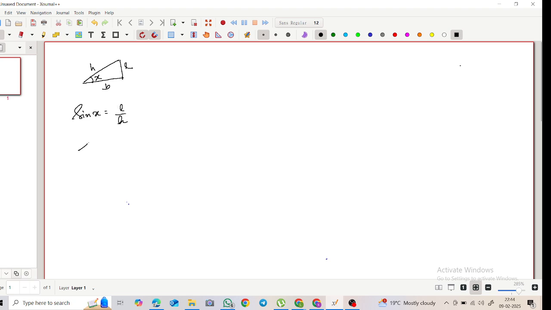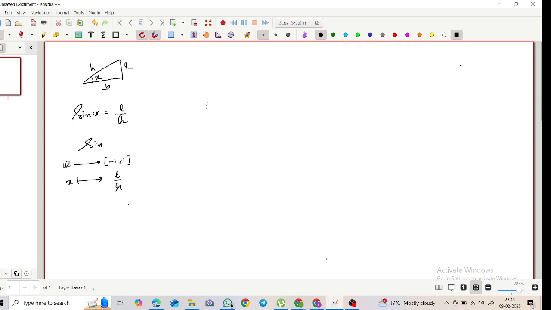So sin x is a function from R to R, or maybe to [-1, 1], which sends x to this L by H, height by, sorry, length by hypotenuse. So that's how we do it.